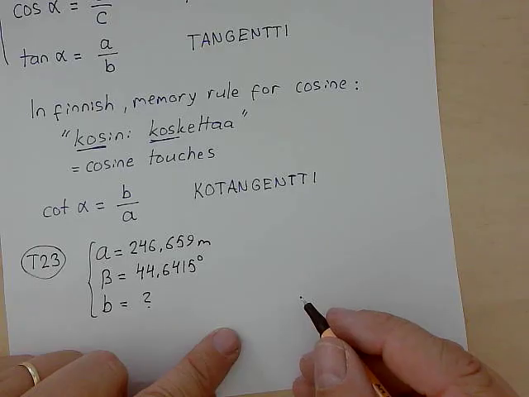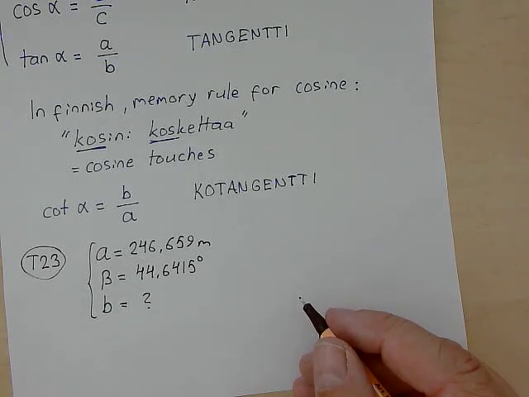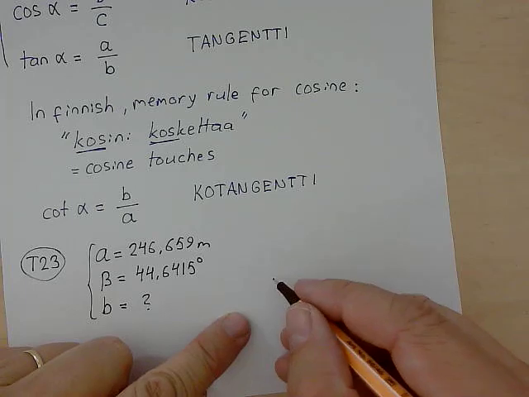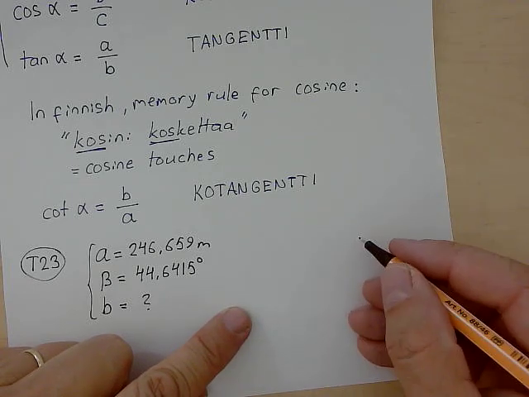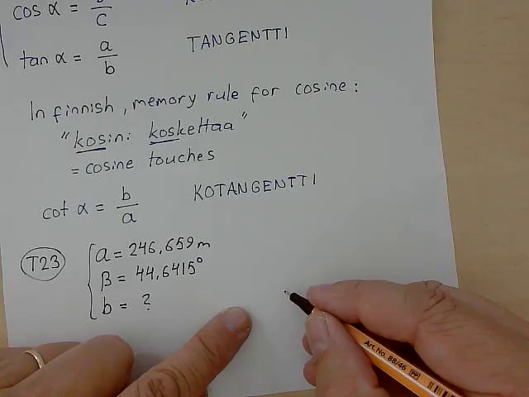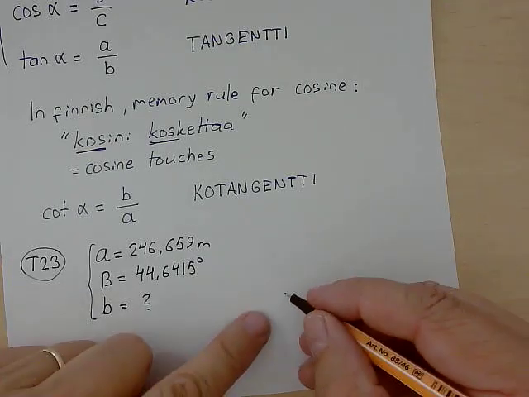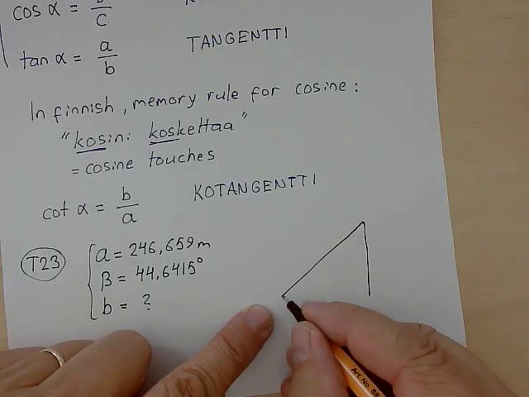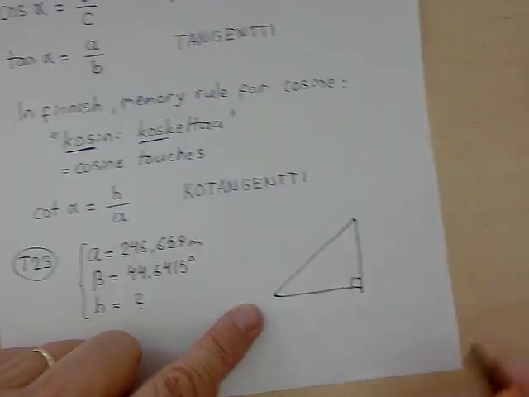A and B, beta. Let's write it near in scale. It didn't go well, but it is about like this.